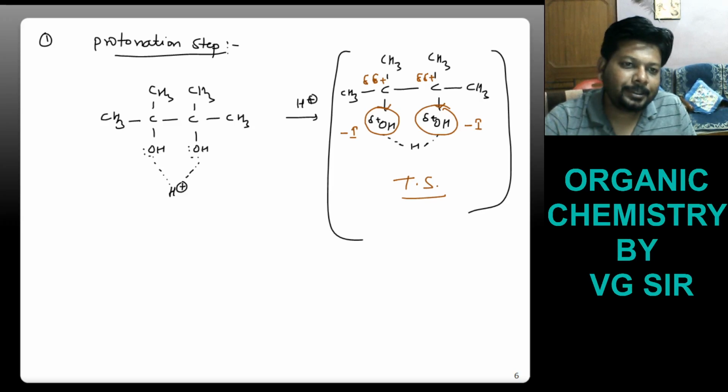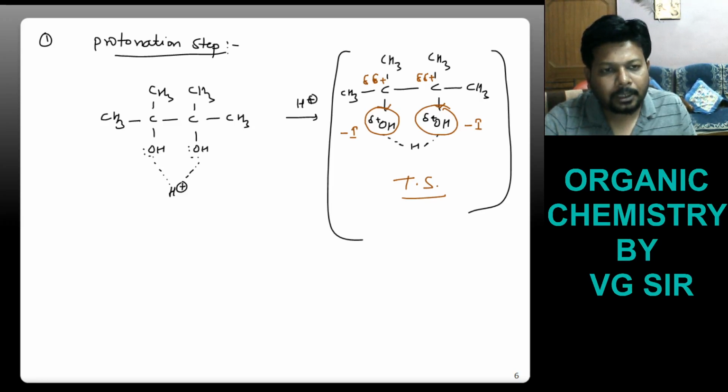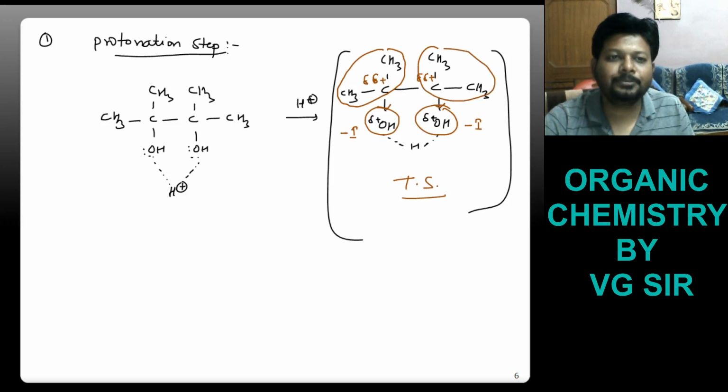So you can say that the OH group will be protonated, which will have positive charge on that carbon, which can accommodate that positive charge better as compared to the other. See, in this case these two carbons are identical, both having the same substituent.